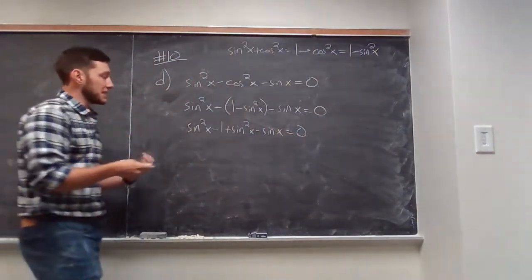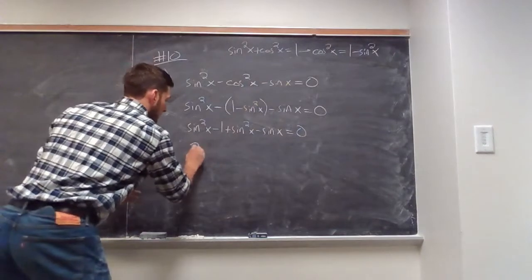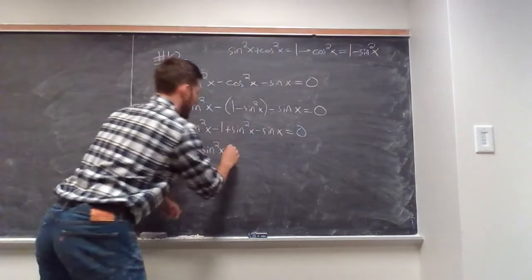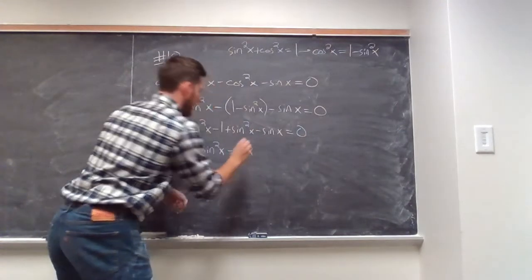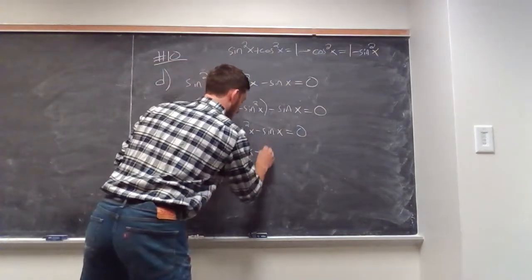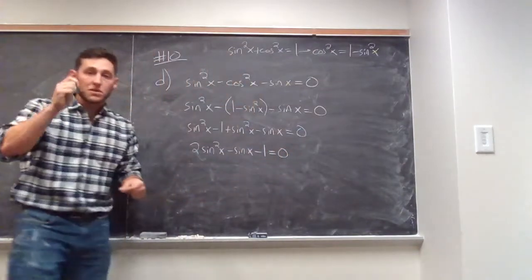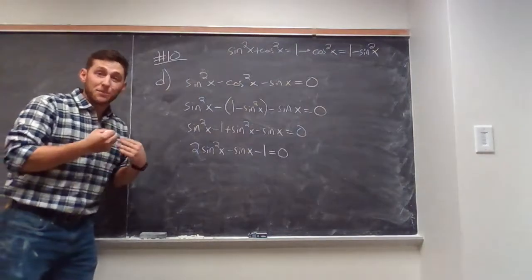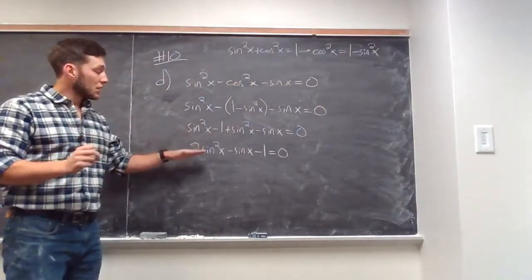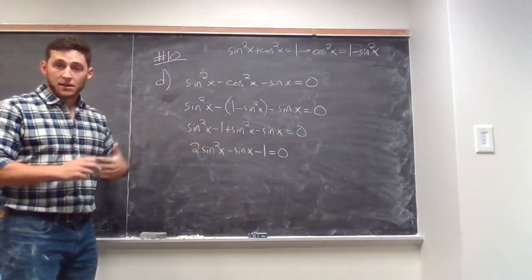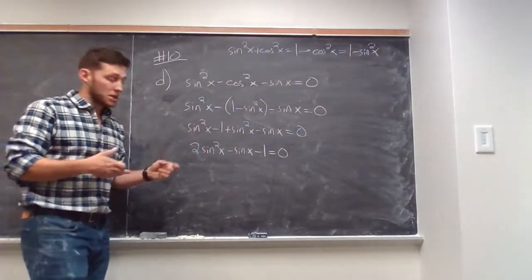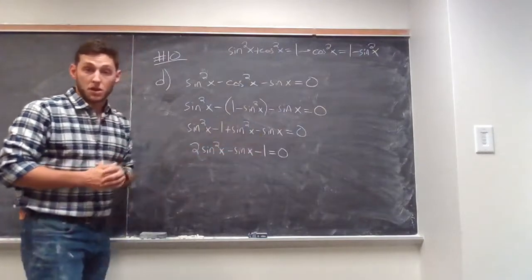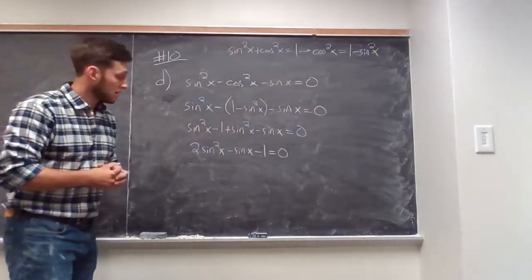Combine like terms and reorder, giving us the equation 2 sine squared x minus sine of x minus 1 equals 0. Now this lands us on something that we can factor. Remember, if you don't like seeing sine here, you could replace this with the equation 2u squared minus u minus 1 equals 0. That might make it easier.